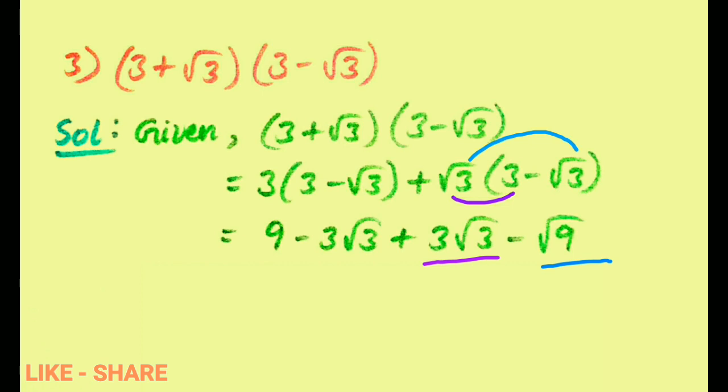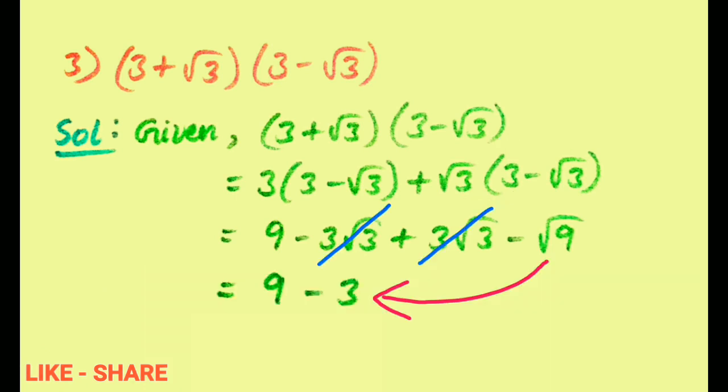Now both 3 are present under the roots, so root of 3 into 3 is root 9. In the next step, minus 3 root 3 and plus 3 root 3 get cancelled, so 9 is as it is, and minus root 9 is nothing but minus 3 because root 9 value is 3. So 9 minus 3 is equal to 6.